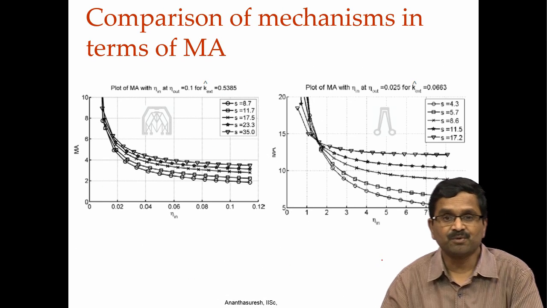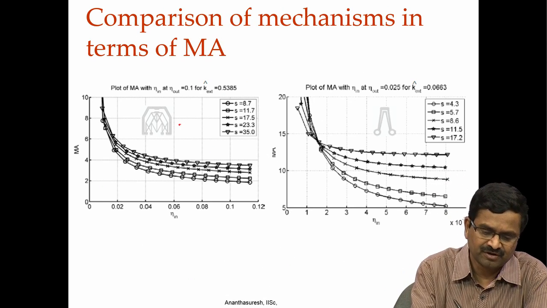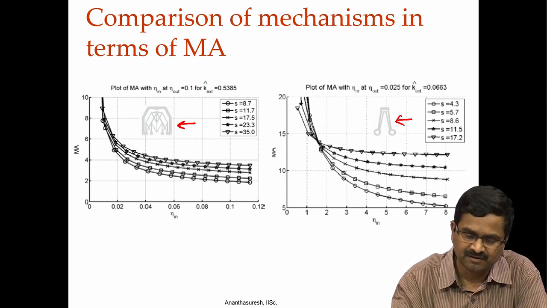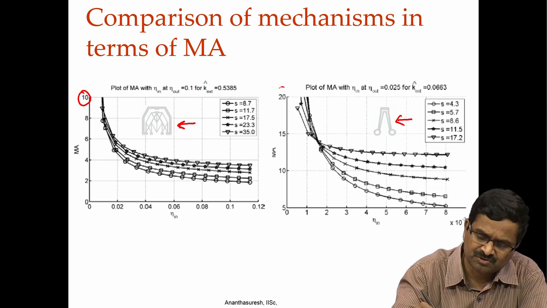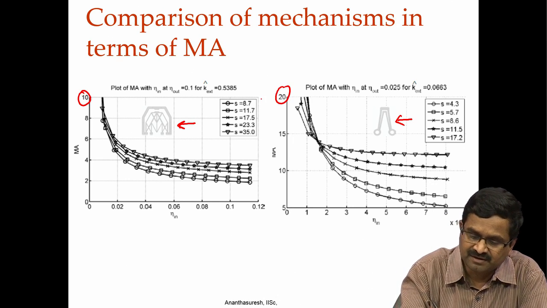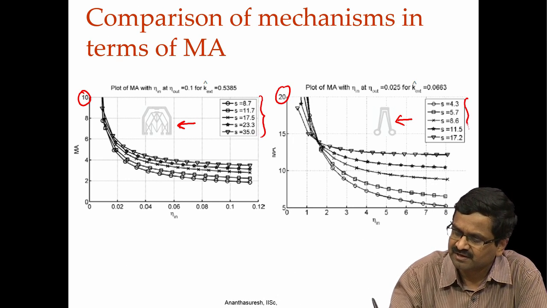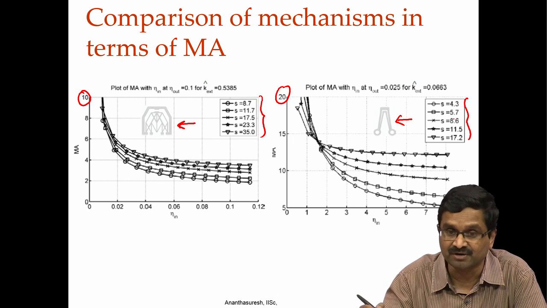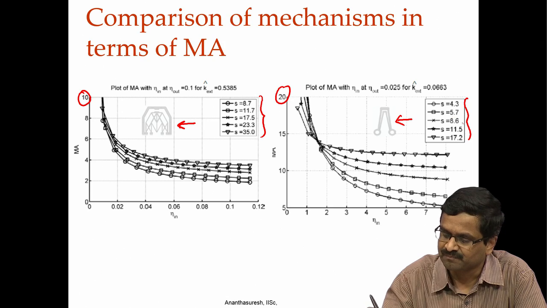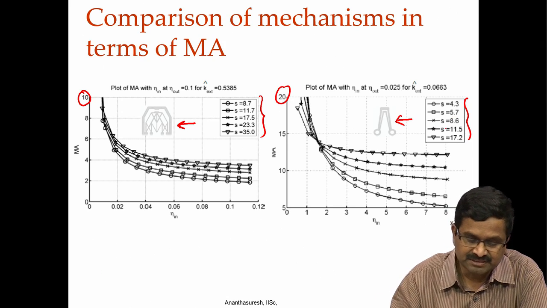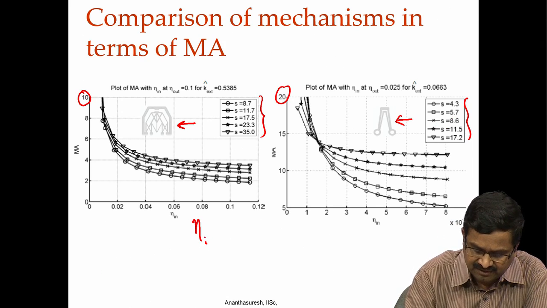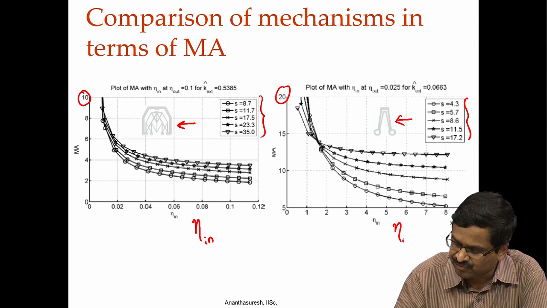And when you have these plots, now this is drawn for two different mechanisms, and of course this goes up to 10, this goes up to 20, and different S values here. Again 4.3, 5.7 should be actually discounted, but they are just drawn here. So, if you look at them, you can see how the mechanical advantage changes with eta in, which basically has the input force.